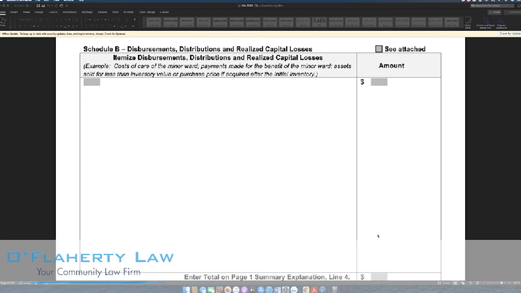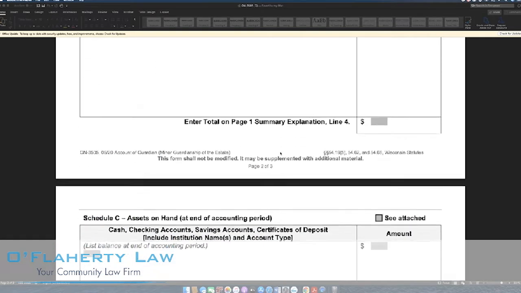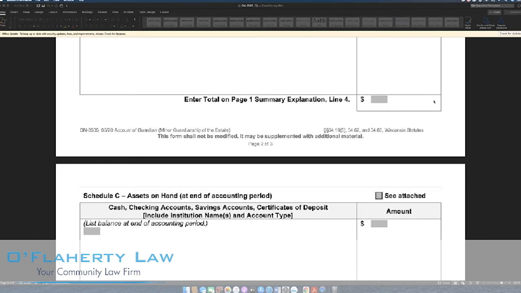And you need to give its value here. And again, if it's not enough room, you just click See Attached and just at the top of a blank sheet of paper go Schedule B continued and continue to explain. And then once you've got everything explained and the amounts laid out, you'll give that total here.